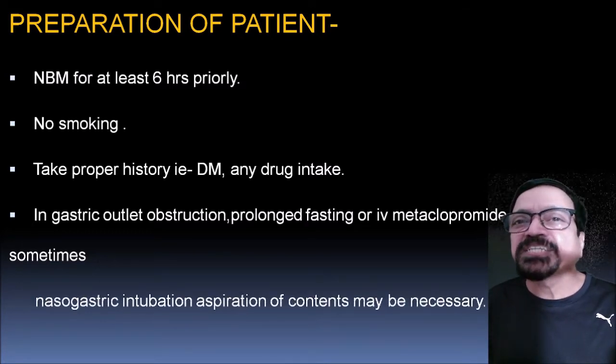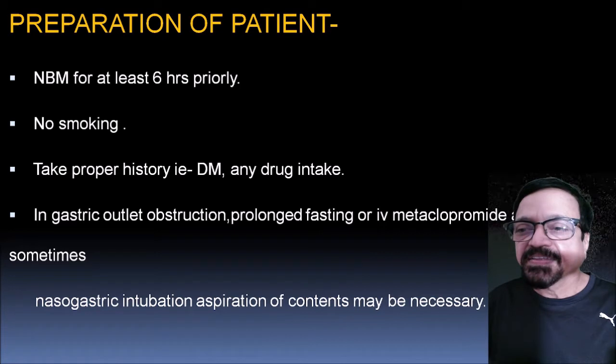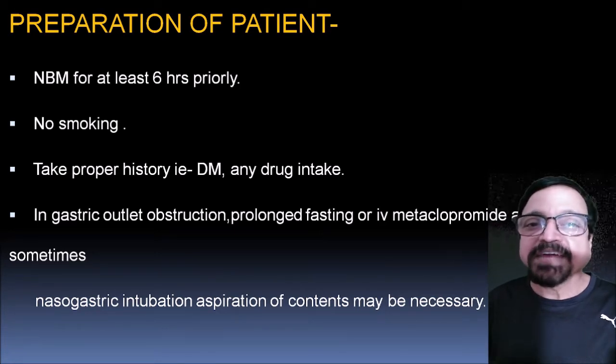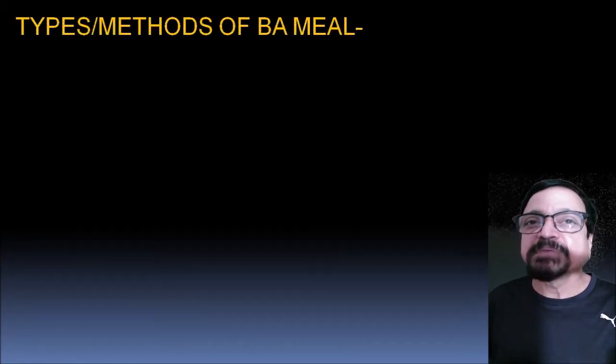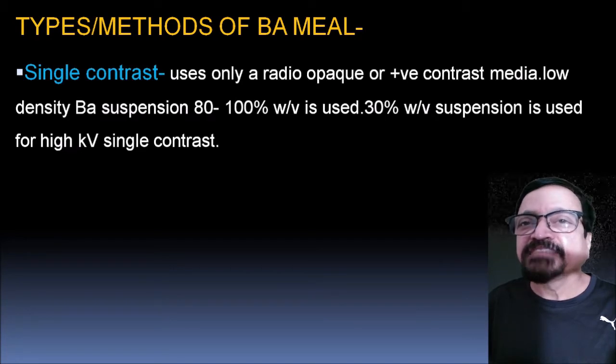Now, preparation of the patient: sometimes we find that we have given barium but the patient starts vomiting. In that condition nasogastric intubation is used to aspirate the contents, and that is one of the most important steps to prevent further aspiration or other side effects of the barium.